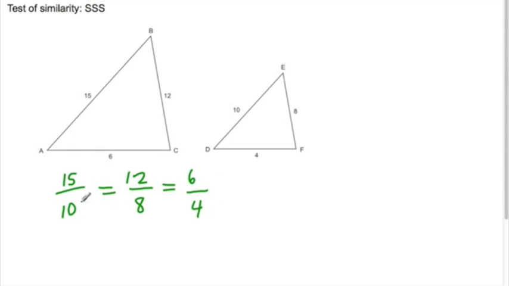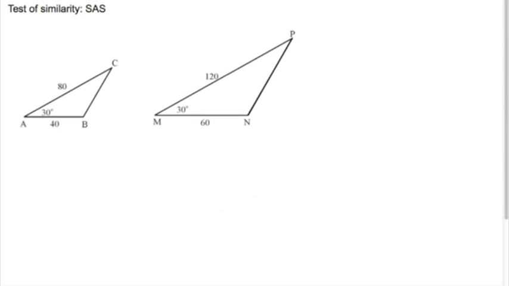And what I see is that all of those give me the same proportion of 3:2. So I know that these triangles are similar. And that's pretty much it for the side similarity test. It's pretty straightforward as long as you remember the proportionality.